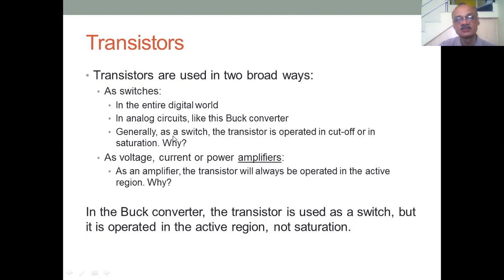Generally, when a transistor is used as a switch, it will be operated either in cutoff or in saturation. In cutoff, of course, when the switch is off. But when it is on, the bipolar transistor will be used in saturation. Why? Why not the active region? We'll see in a minute.